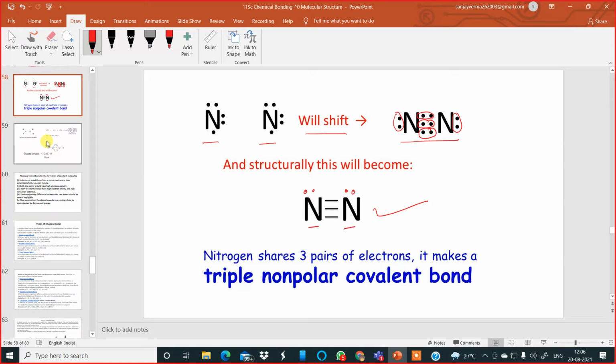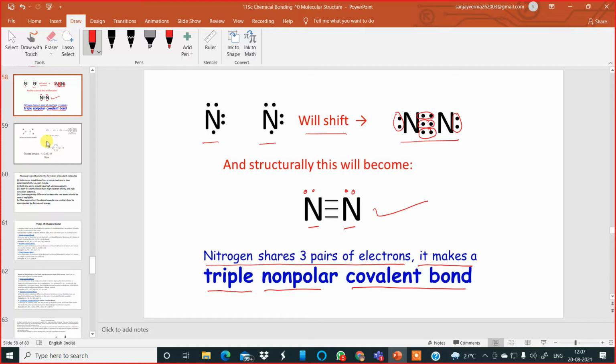Nitrogen shares three pairs of electrons. It makes a triple non-polar covalent bond. It is a triple bond, it is a non-polar covalent bond. Why?